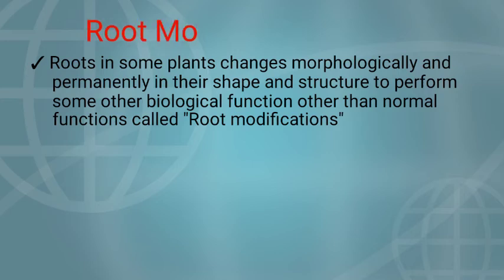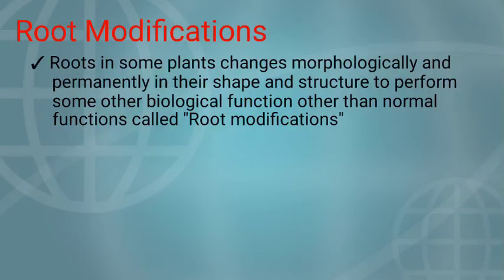Next topic, root modifications. Roots in some plants change morphologically and permanently in their shape and structure to perform some other biological function other than normal functions, called root modifications.